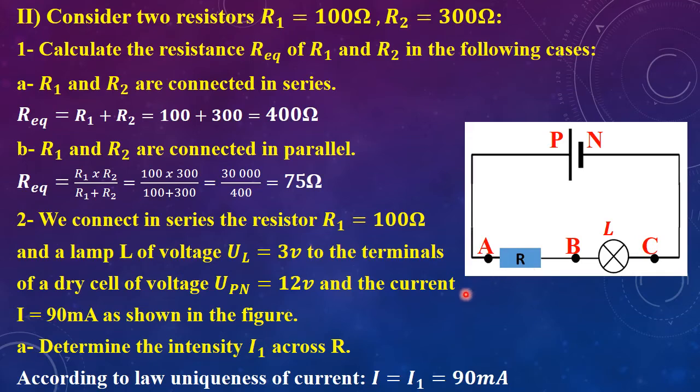So the current across R is equal to the total current. So I equal I1 equal 90 milliampere.